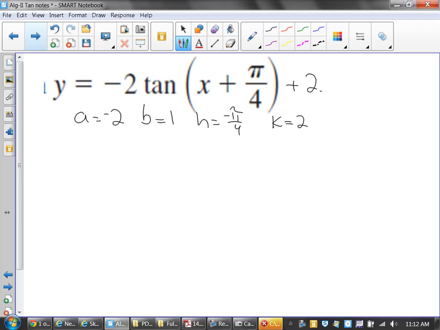What's my period? My period is pi. Remember, the period for tangent is always pi over B. That means your asymptotes then will be at plus or minus pi over 2. Good. So we'll start this one.